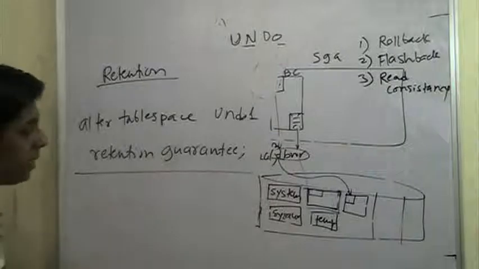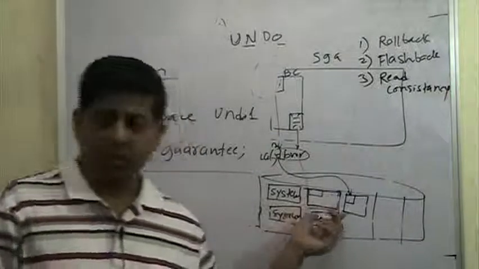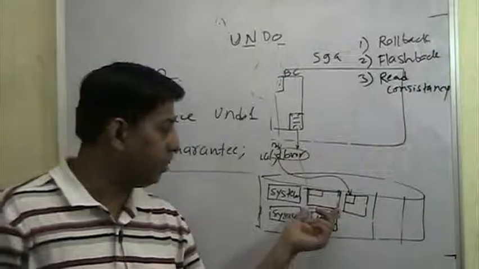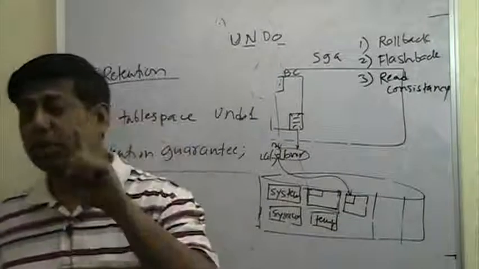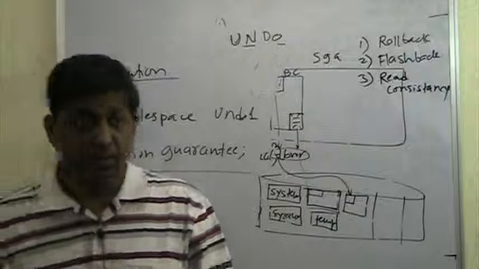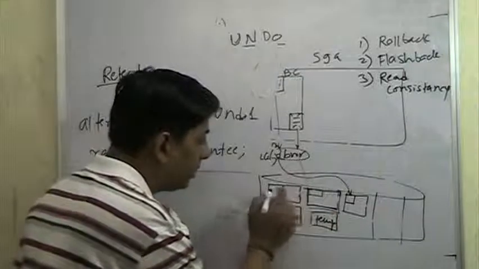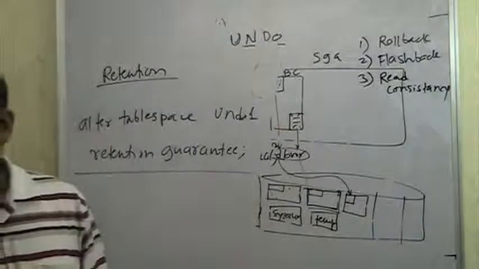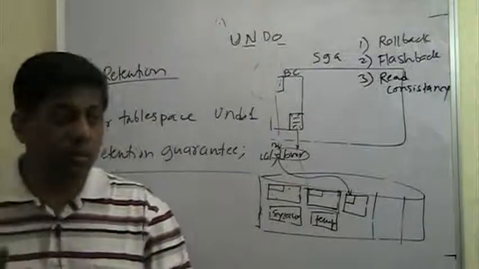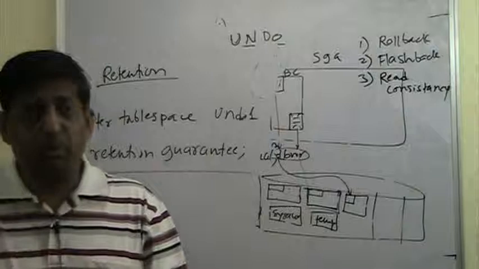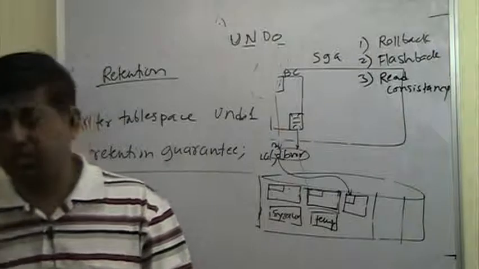As I said, there are undo segments in the undo tablespace. They are created when the database gets created. There is one special undo segment which is not inside this undo tablespace, but inside the system tablespace. It is so special that it is used only by one user, and that user is sys.